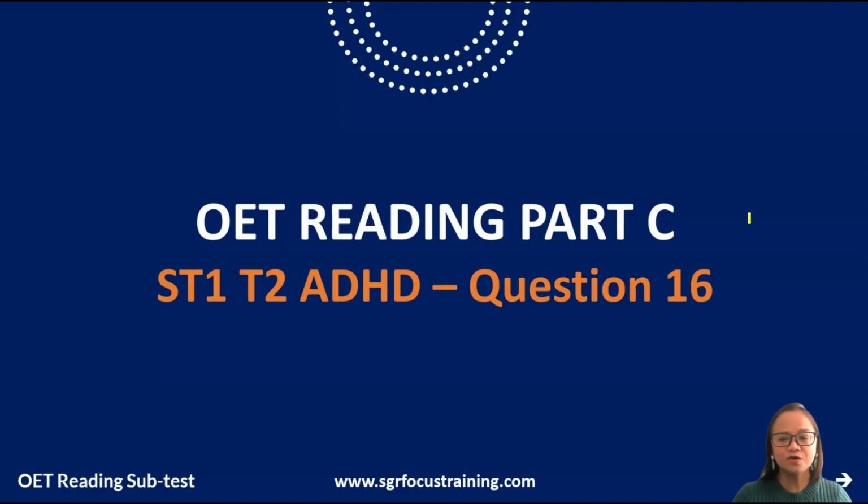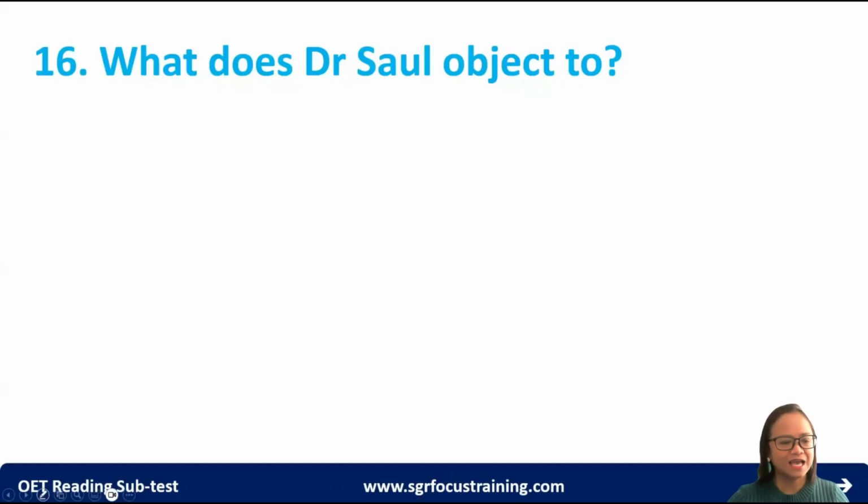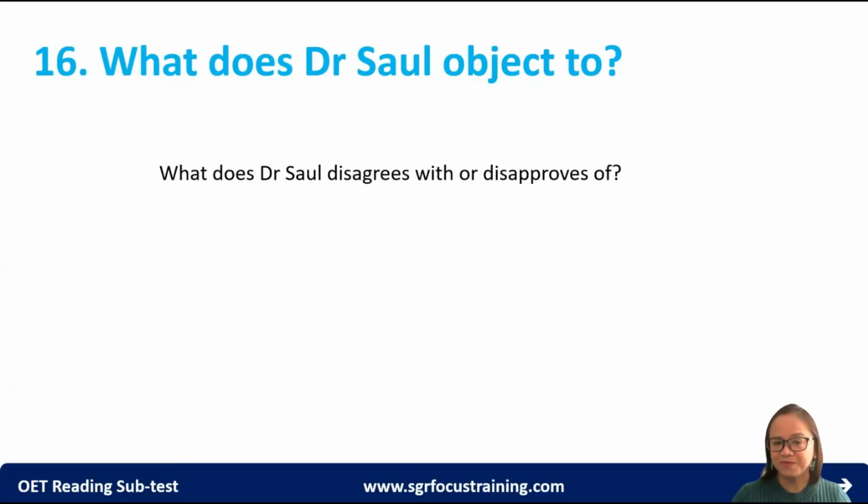So we're now going to look at question number 16 on sample test 1, text 2, all about ADHD. As I've mentioned, this is a detailed question, okay? Because we're looking for something he objects to, something he disagrees with or disapproves of.